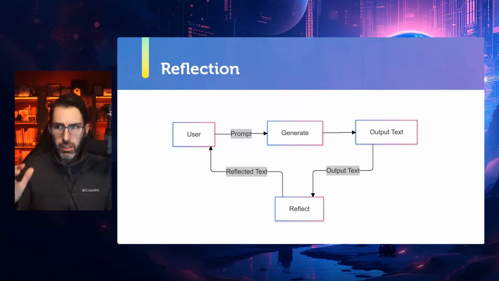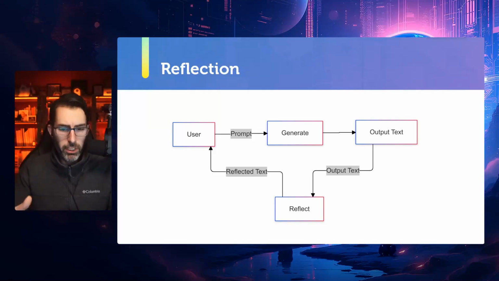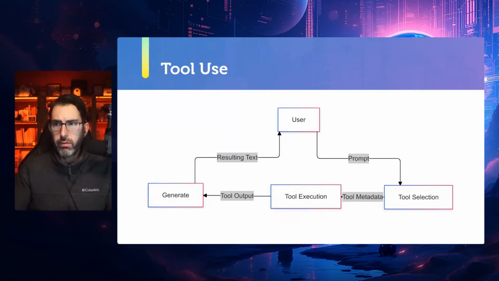But again, reflection is usually about the single agent iterating through the same task to make sure the task has improved. I'm sure you might have seen this when you're using ChatGPT or something. You write something, and then you say, hey, double check your answers. And it comes back with a response that says, hey, I'm sorry, it looks like I made a mistake. So that's the reflection part that we see pretty much every day.